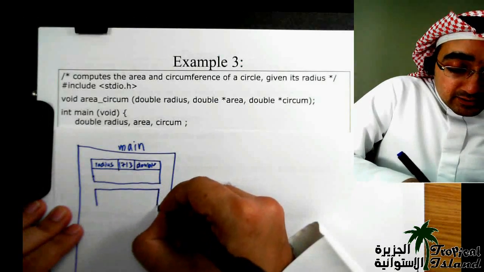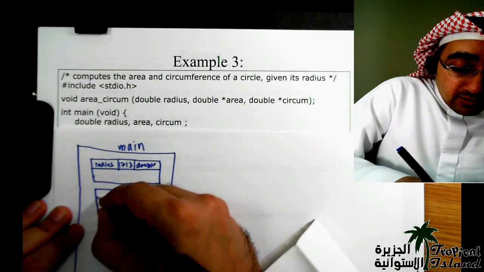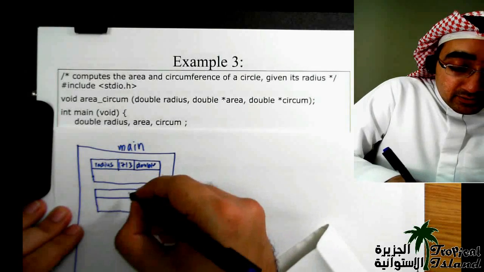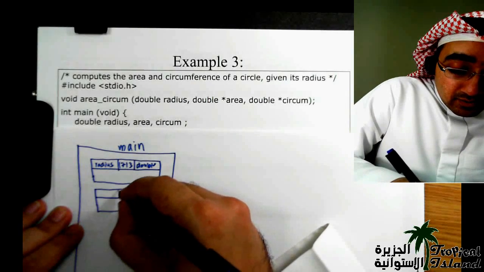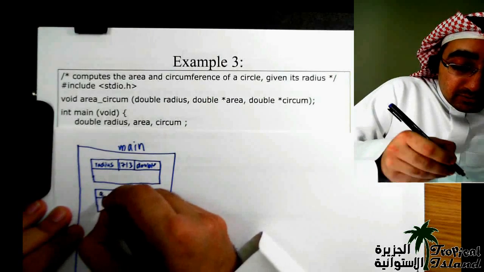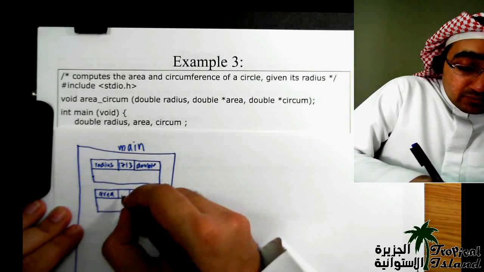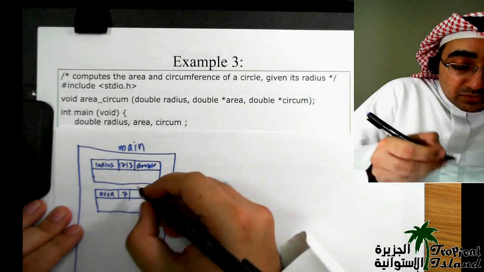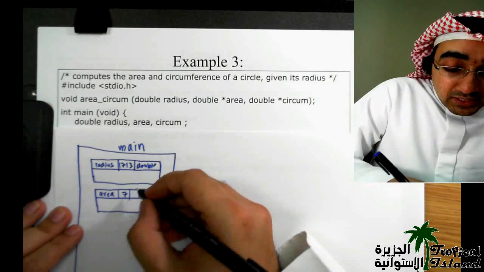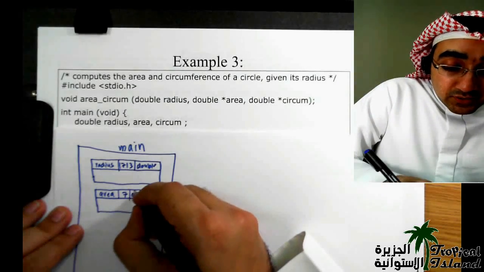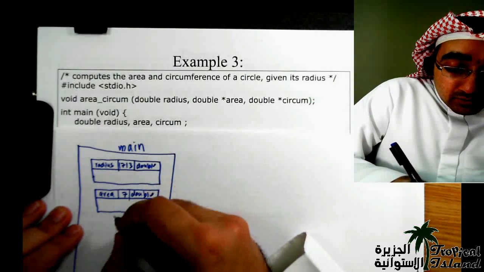Then I have another variable declared. Okay, and this might be area. The name is area. It might be in location number 7. It could be anywhere in the memory that the compiler finds free. And this is a type of double also.